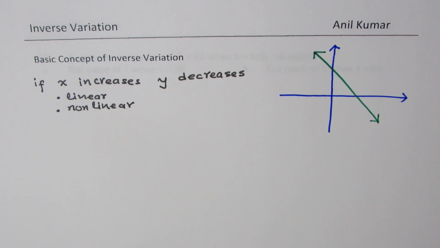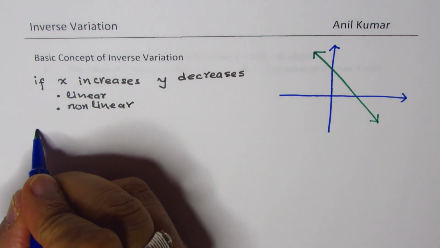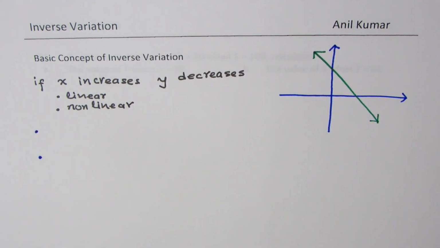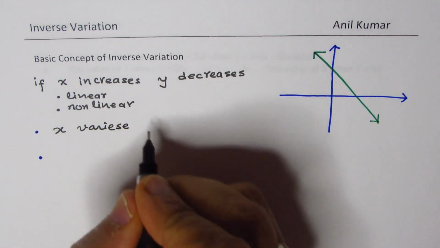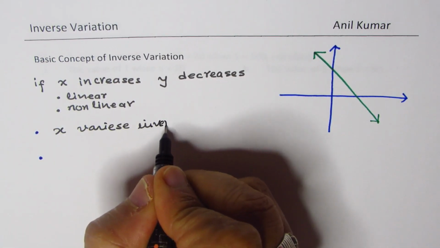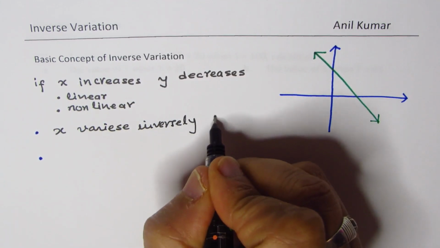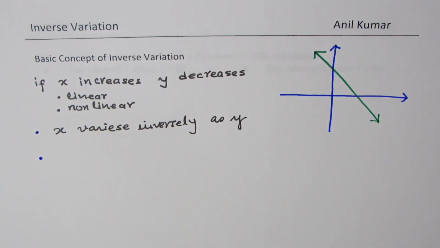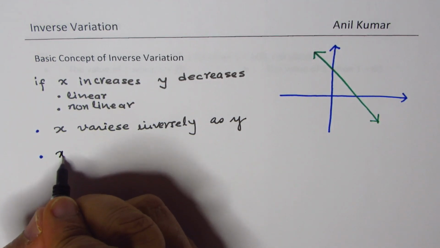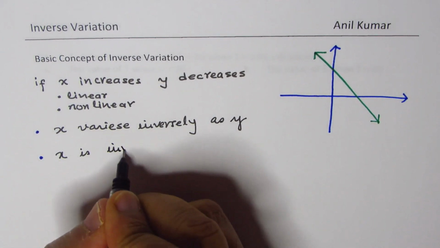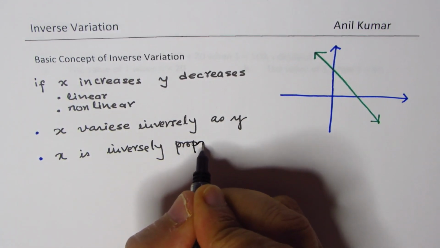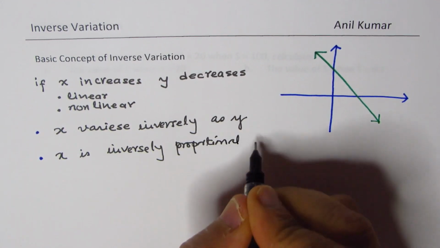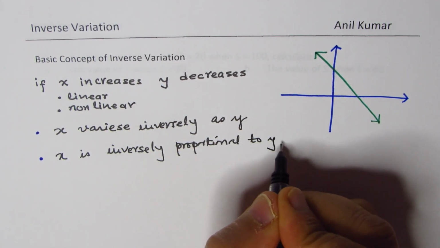Now, based on this, we have 2 other very common terms which we are going to use in our questions also. One is we just say x varies inversely as y, or we may say x is inversely proportional to y.